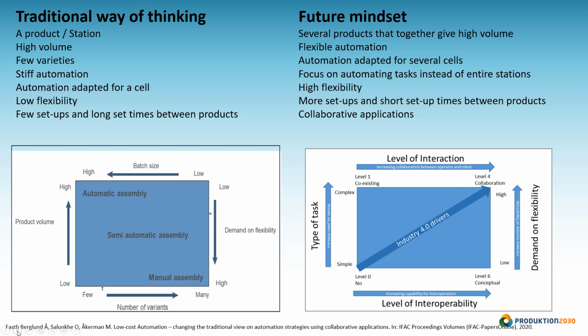But for the future mindset, usually you have several products and together they give a high volume. So usually you add products to the cell or to the station in order to get the high volume. You have a more flexible automation. Automation could be adopted for several cells, so you can move maybe the robot or the automation solutions between machines or cells.